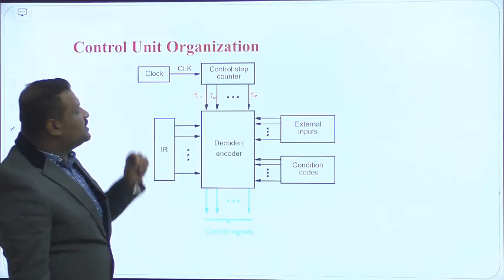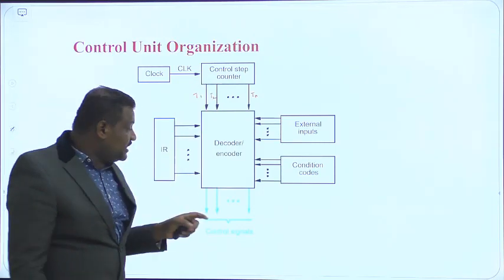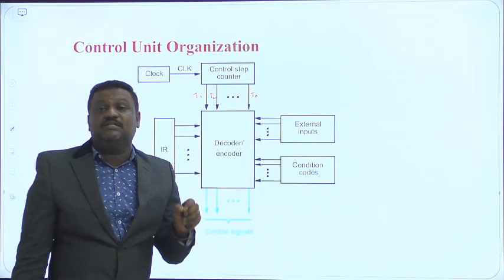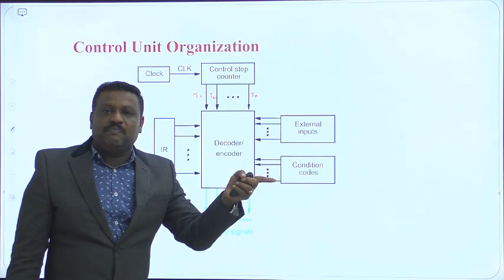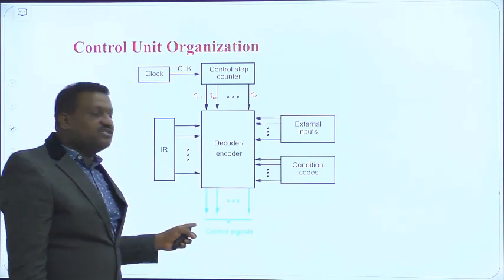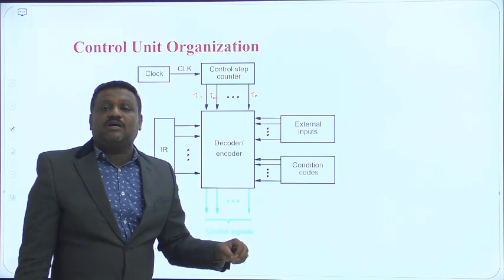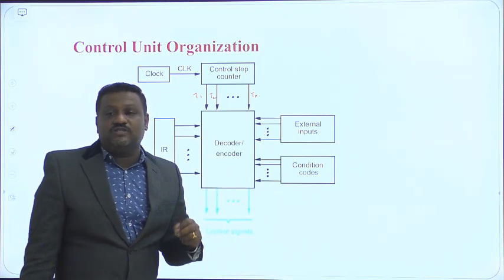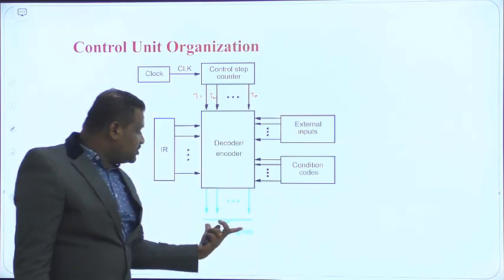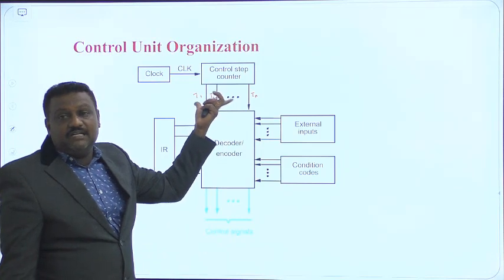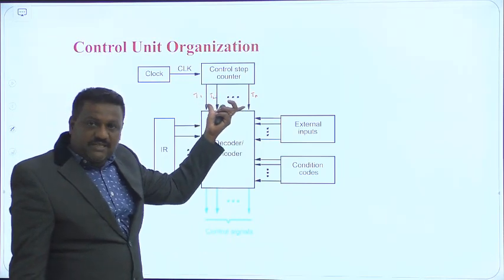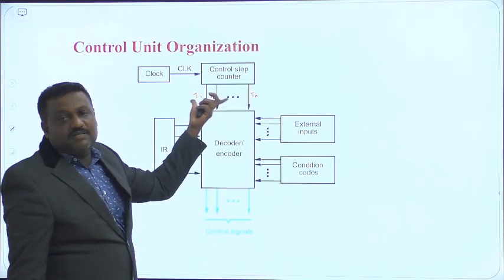For it, the input is nothing but a clock, because the generation of these control signals is done with reference to the clock. That means at what time instant control signal C1 is generated, or C2, or C3, purely depends on one parameter, that is the timing signals.